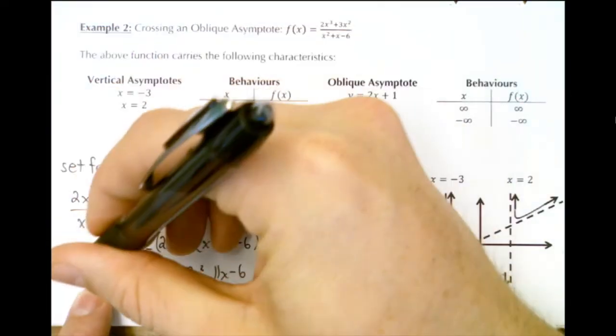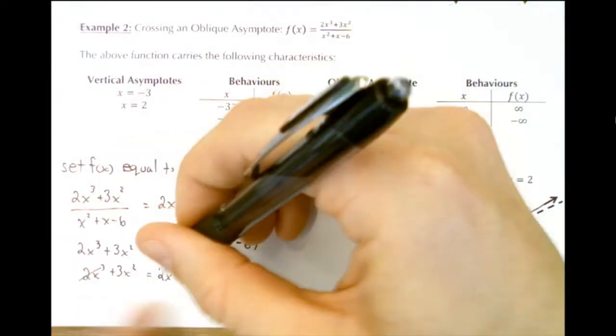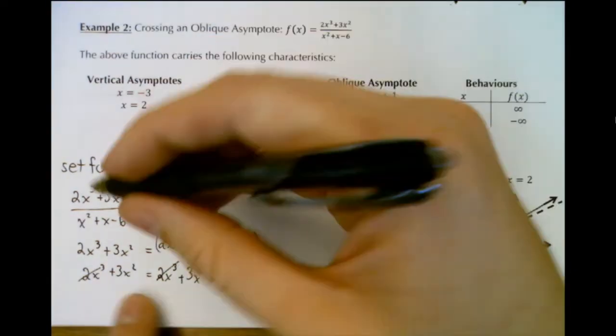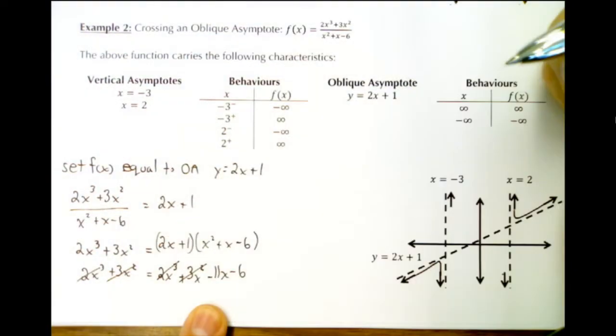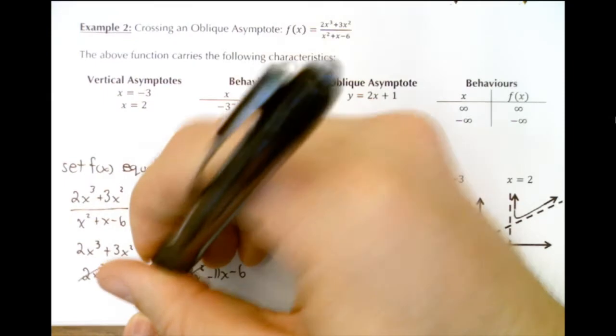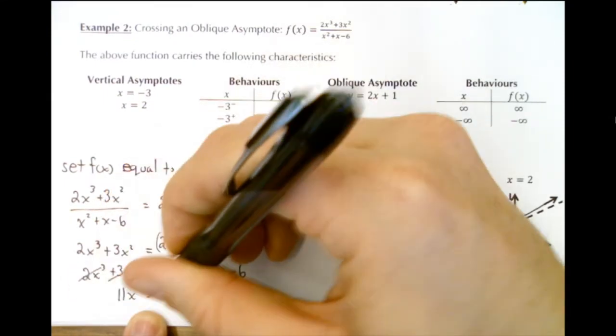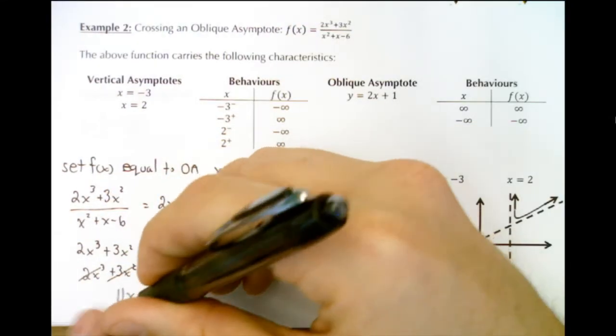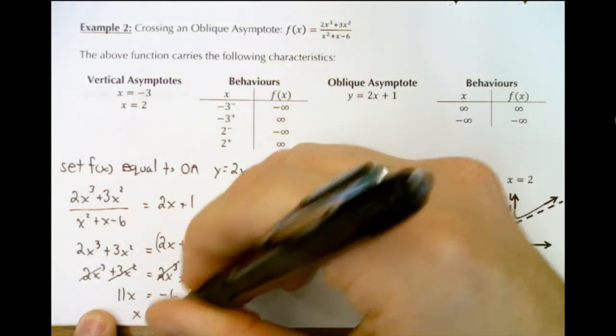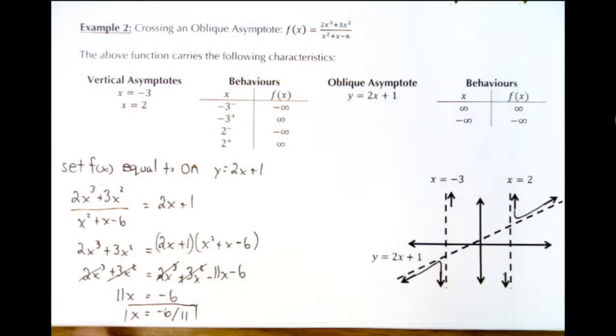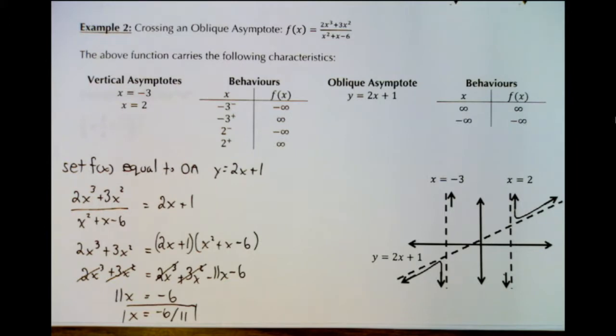So we've got 2x cubed on both sides. So those, when we move them to the same side, are going to add to 0. Same with 3x squared. Those are going to add to 0. And if I move my 11x over, we can start to isolate for x. We can do that by dividing both sides by 11. And we get x equals negative 6 over 11.